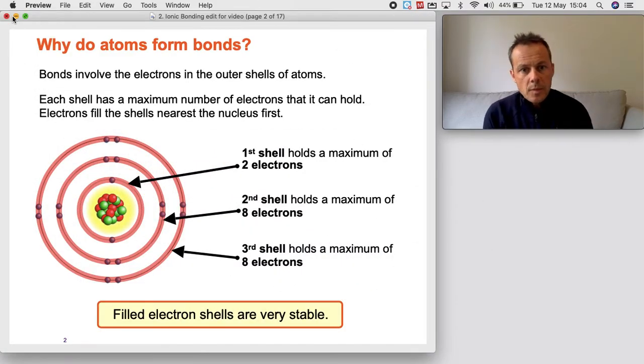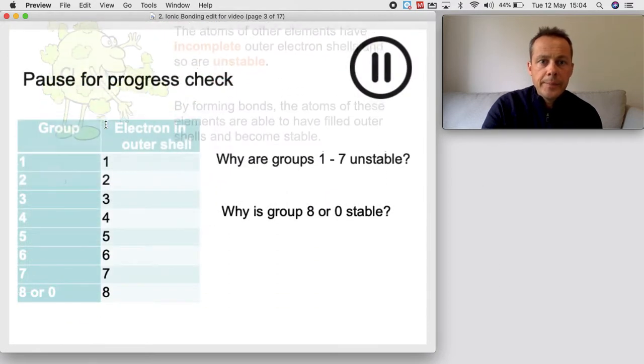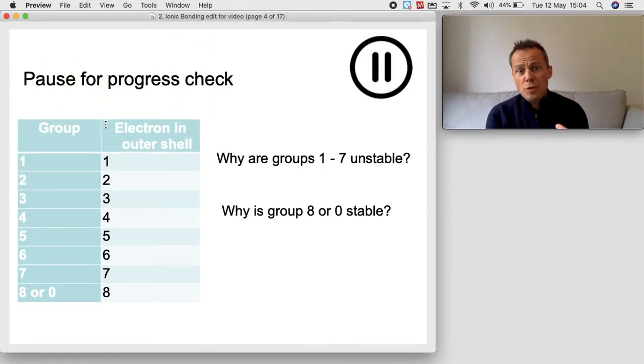So, flicking through, you should be able to pause the video now and explain why groups 1 to 7 are unstable and why group 8 or group 0, depending on which periodic table you're using, is stable. So pause that, have a look back through the slides, have a think about it and see if you can get the answer.